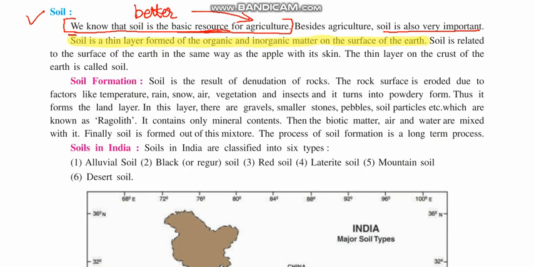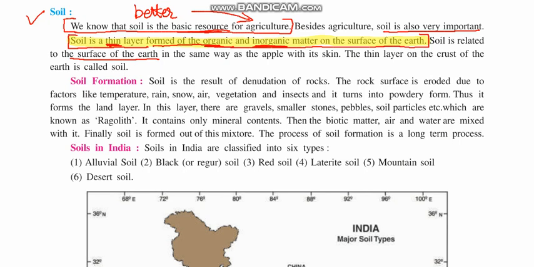Remember this, thin layer formed of organic and inorganic matter on the surface of the earth. So here both organic and inorganic matter are included. Soil is related to the surface of the earth and not to the depth of it.